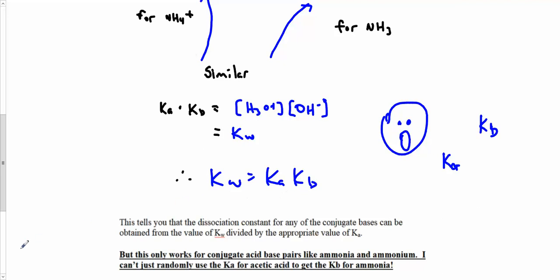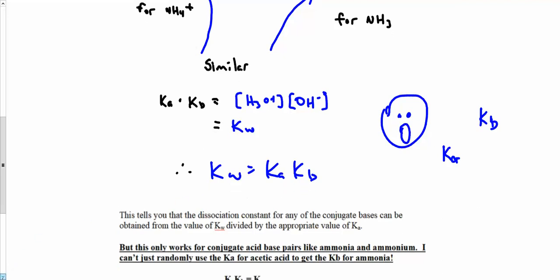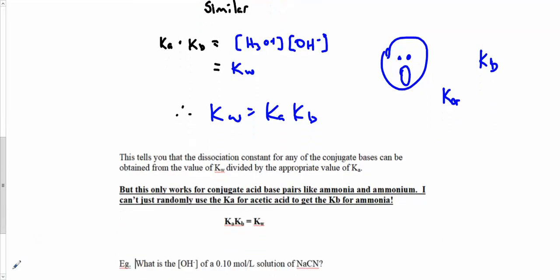Now I just want to caution you here, and I bolded this and I underlined it. This only works for conjugate acid-base pairs like we did here, NH3 and NH4 plus. I can't just randomly use the Ka for acetic acid, which is CH3COOH, and get the Kb for H3O plus.